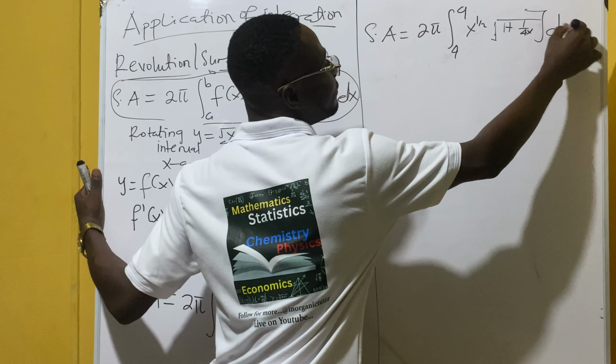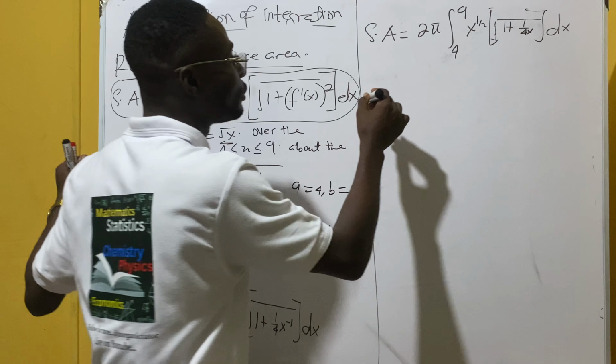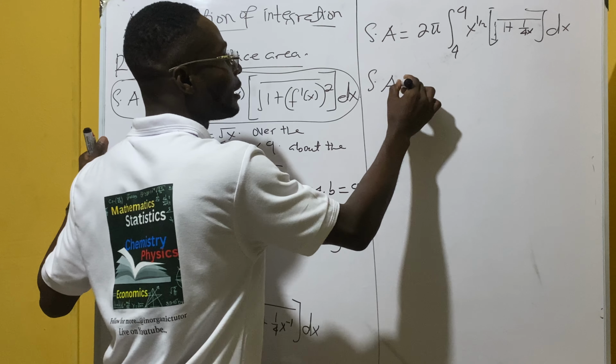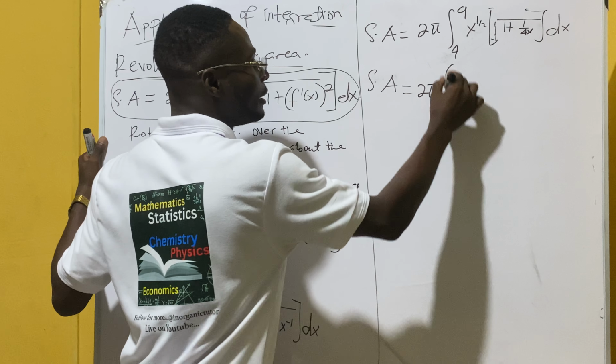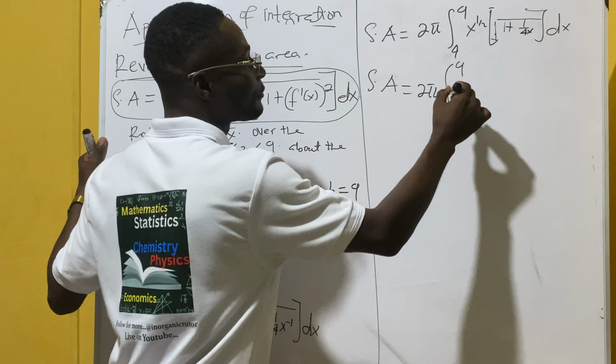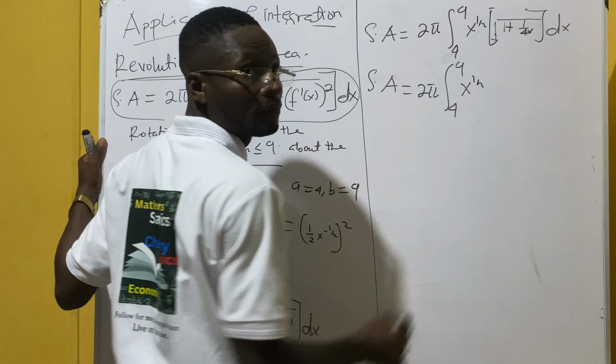Let's bring our dx first. So we're going to have our surface area equals 2 pi integral from 4 to 9 of x power half.